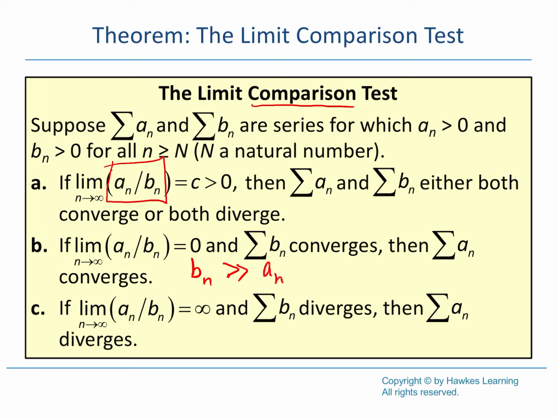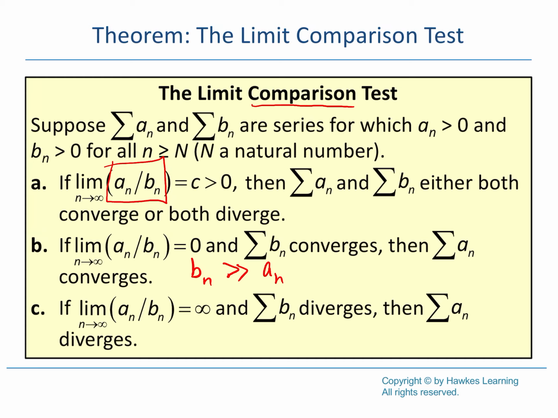But by the tail end, Bn is much bigger than An, and so that ratio tends to 0, like something over infinity kind of thing. And this is making use of the same kind of logic as in the direct comparison test. If the bigger series, Bn, converges, then the smaller series, An, converges as well.